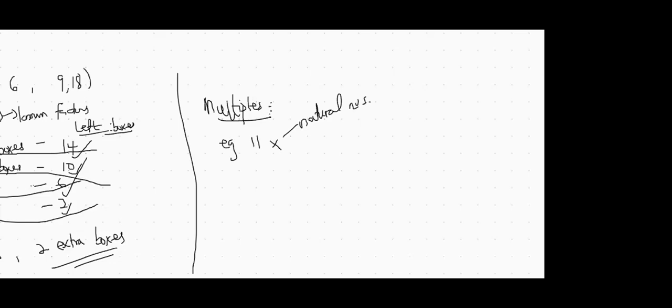Now we know that natural numbers or count numbers begin from 1, through to infinity. So multiples of 11 in this case would be 11, 22, 33, 44, 55.